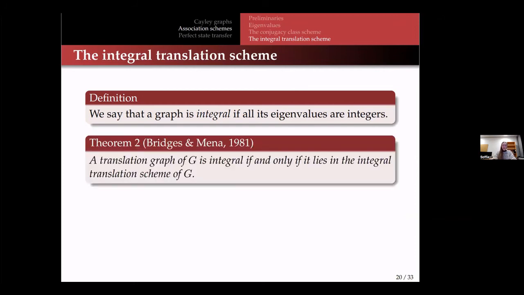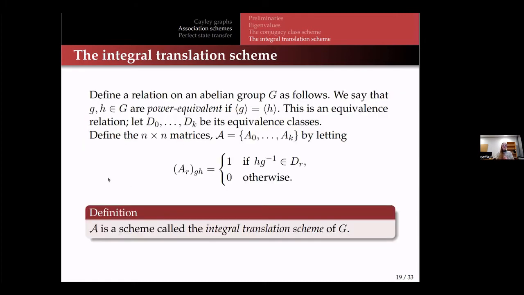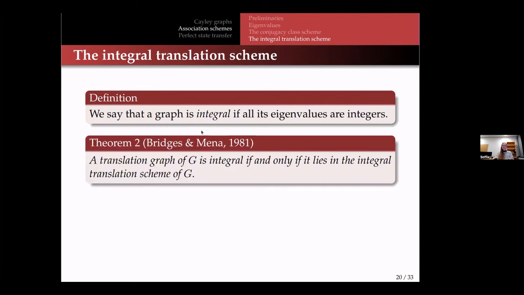And now we have this theorem here that a translation graph of G is integral if and only if it lies in the integral translation scheme of G. So this power equivalence is actually a sort of characterization of integrality in Cayley graphs of abelian groups. This is quite a useful and quite a powerful tool, actually.